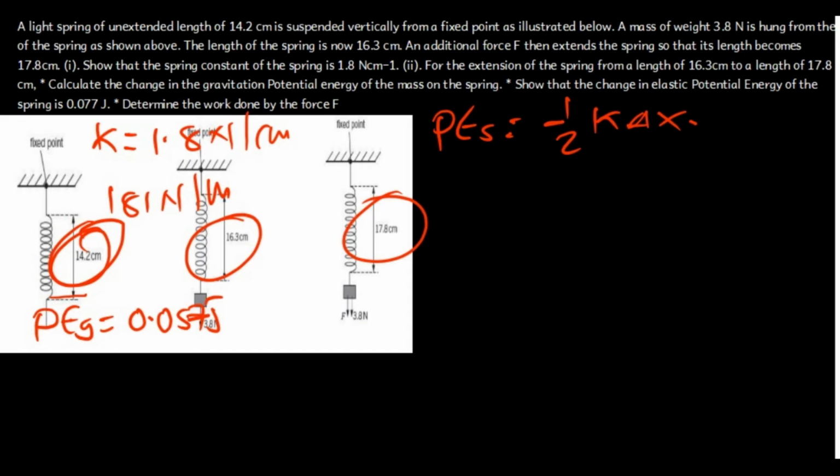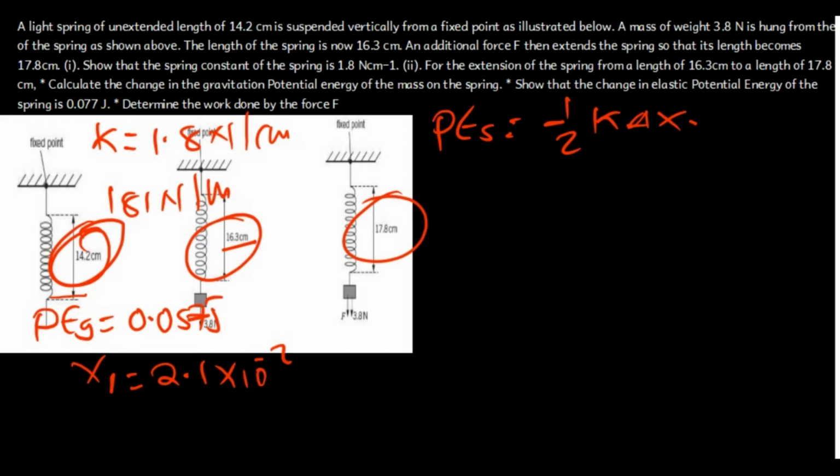Okay, so I'm going to say we are going to have x1. Now this x1 is going to be 16.3 minus 14.2, which is going to give me 2.1 centimeters. Now to convert this into meters is the same as just saying times 10 to the power negative 2.